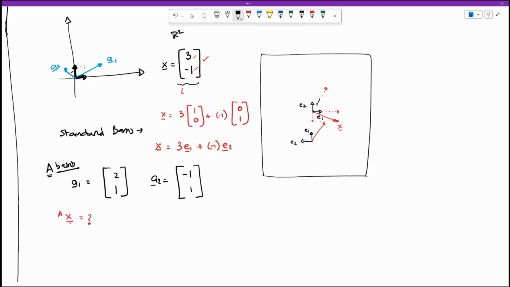See, what is the question? The question is, what is the representation of this vector X in the A basis? That means there is some alpha 1 times A1 plus alpha 2 times A2 that gives me X, this vector. The question is, what are alpha 1 and alpha 2? Because your XA is simply (alpha 1, alpha 2).